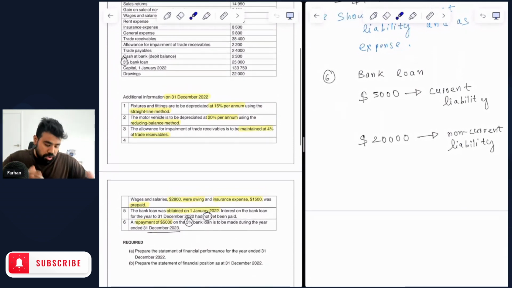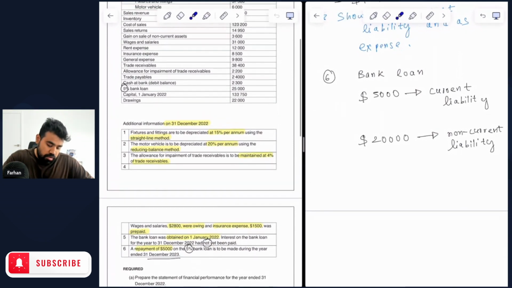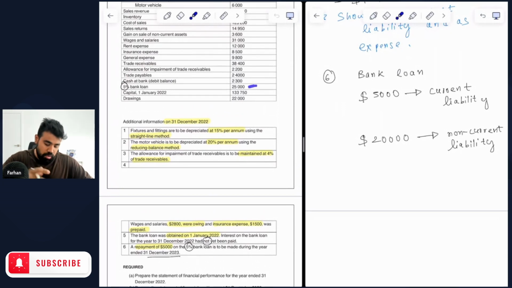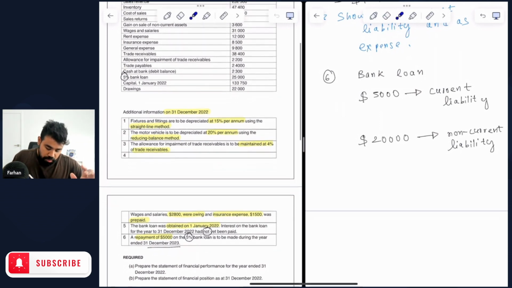So Young borrowed $25,000 and Young wants to pay $5,000, but that's going to be in the year ended 31 December 2023. So that is in the next financial year, right? Why? Because we are concerned about doing the statements for 31 December 2022, which is the end of the current financial year. But Young is talking about $5,000 to be repaid in the next financial year, right?